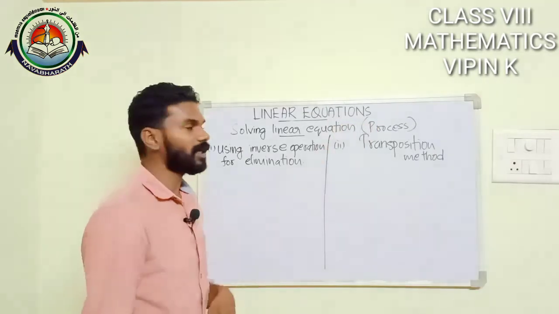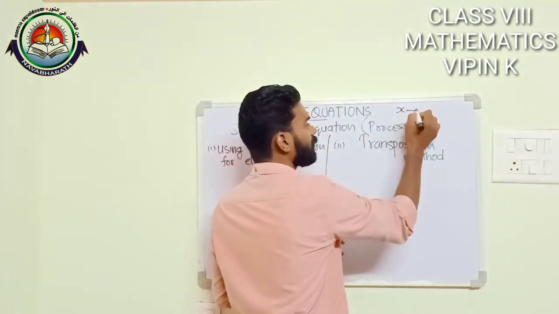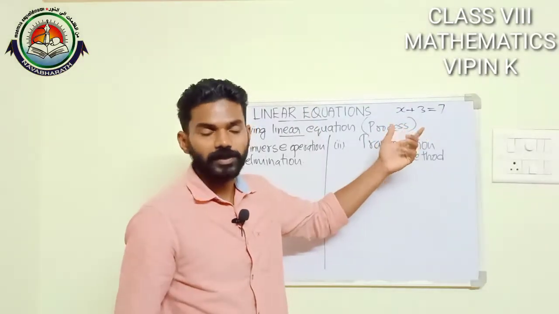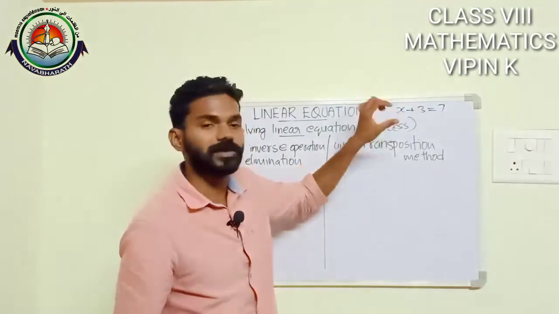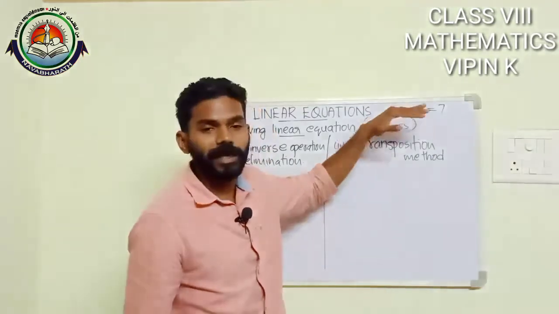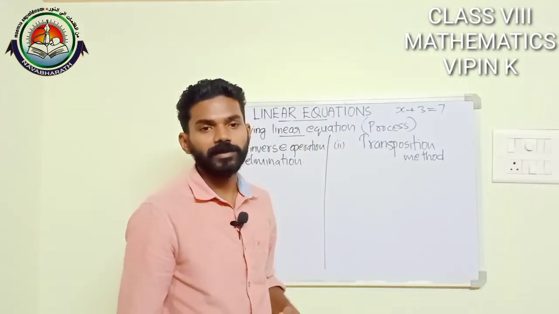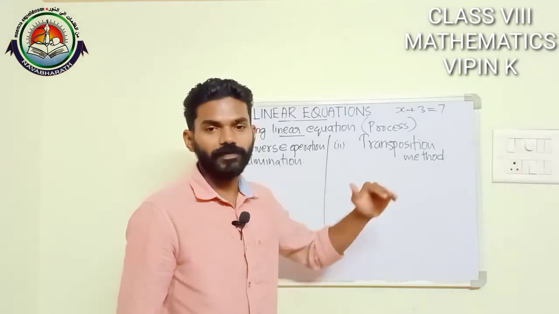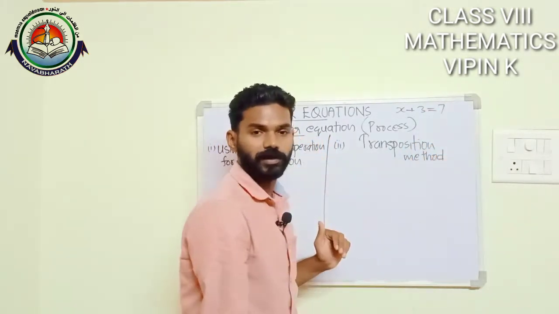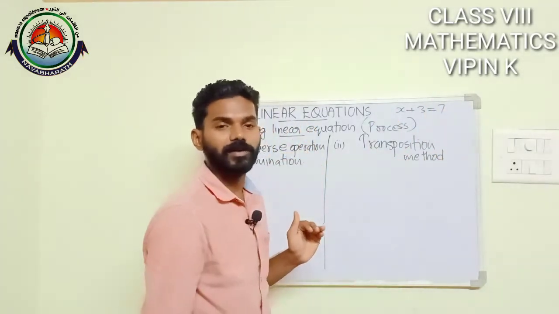In our previous example, x plus 3 equal to 7, it was easy to find the root or the solution of this equation. But the case will not be easy if our linear equation is a complex or complicated one.